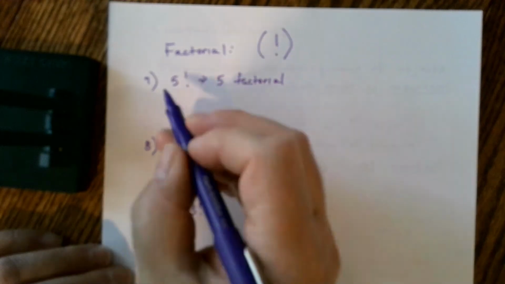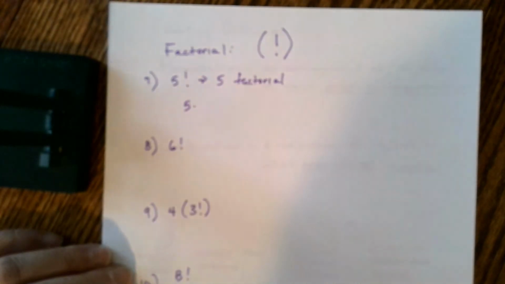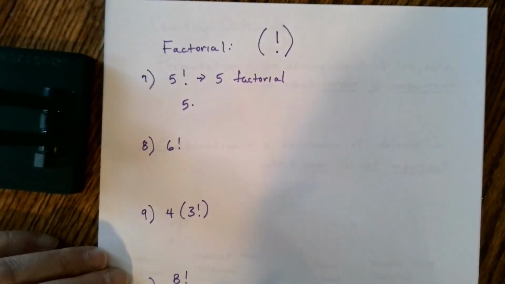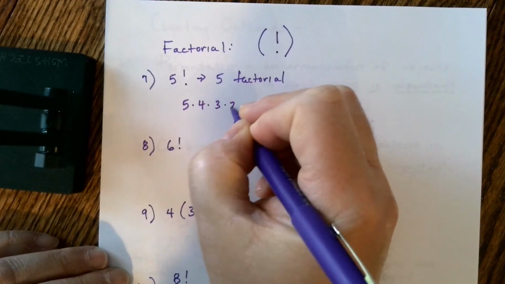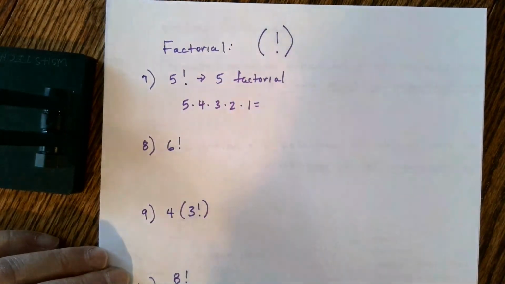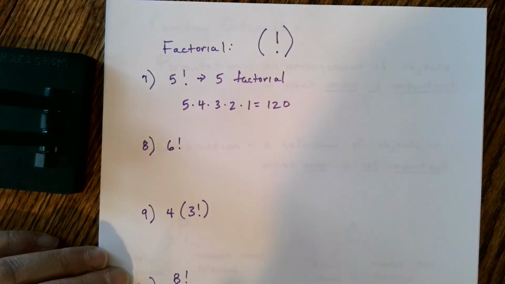It means you start with the number 5 and you multiply by descending numbers until you get to 1, which is 120. So 5 factorial is 120.